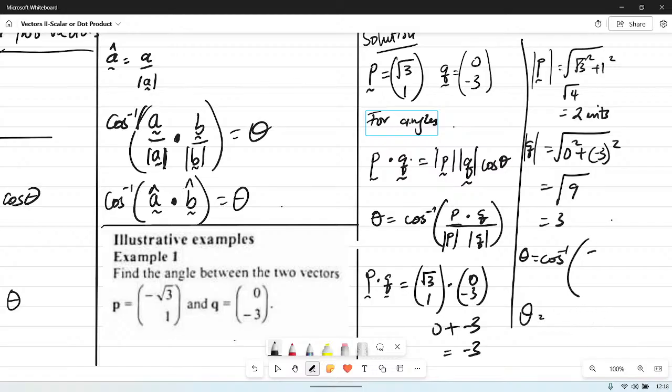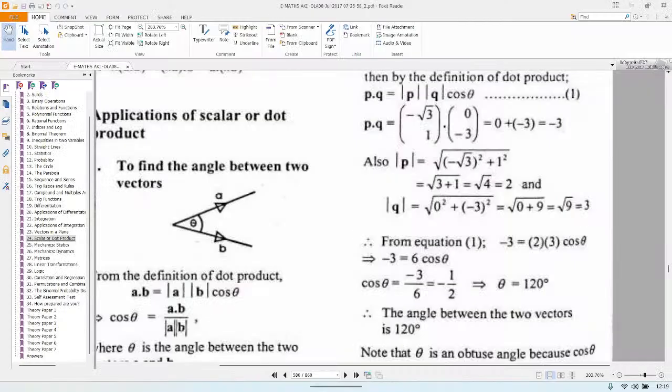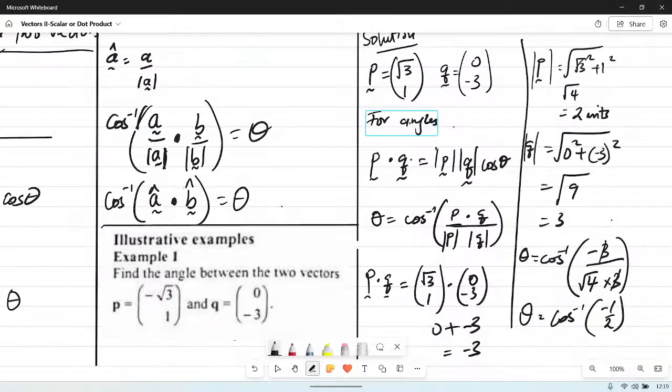So the negative 3 is at the top, and the bottom is 2 times 3. This one cancels, and it's 2, so cos inverse of negative half. Are we okay?